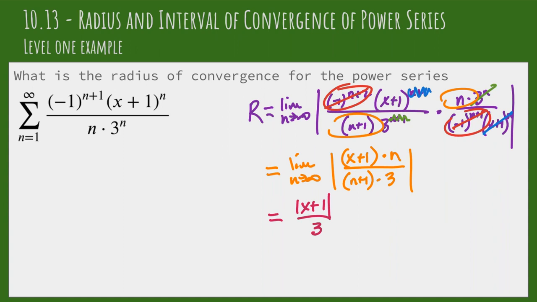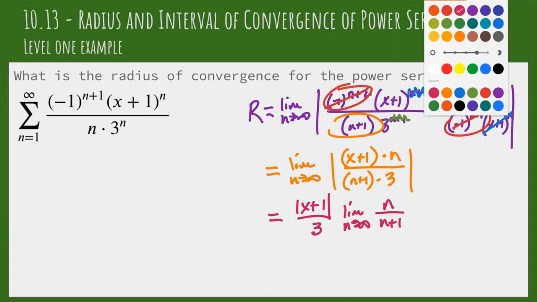That's the only part of this expression that can be negative, so I don't need the absolute values on anything else. Then we have the limit as n approaches infinity, and what's left over is n over n plus 1. Again, I don't need the absolute values because n is becoming a big positive number. So n is positive, n plus 1 is positive. The only place where I need the absolute value still is on the x plus 1.